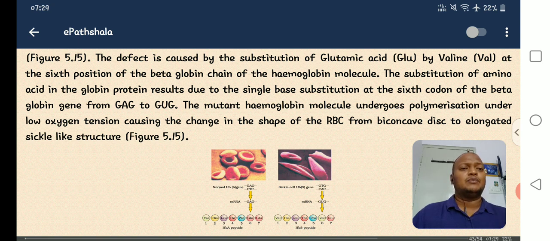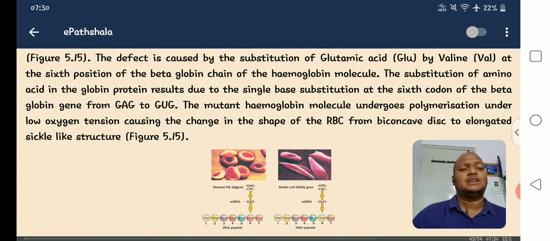The mutant hemoglobin molecule undergoes polymerization under low oxygen tension, causing the change in the shape of RBC from a biconcave disc to an elongated sickle-like structure. So whenever the codon is changed, GAG to GUG, the shape of RBC changes from the normal biconcave shape to sickle cell shape.